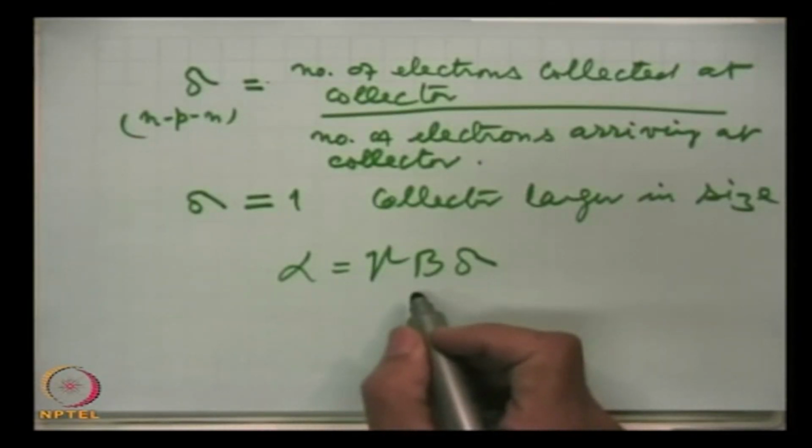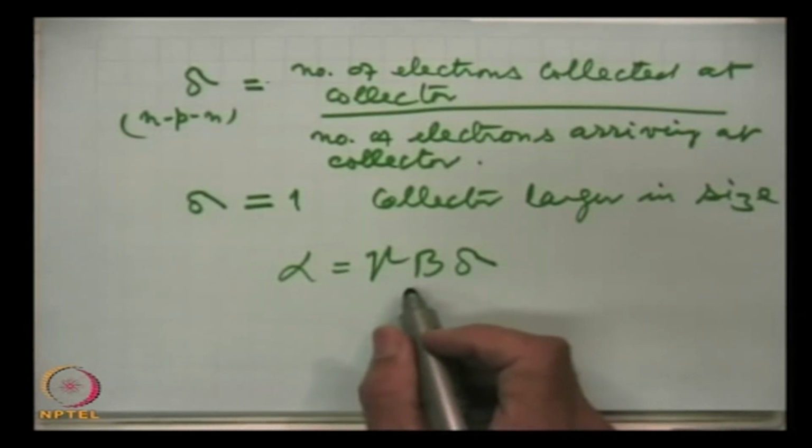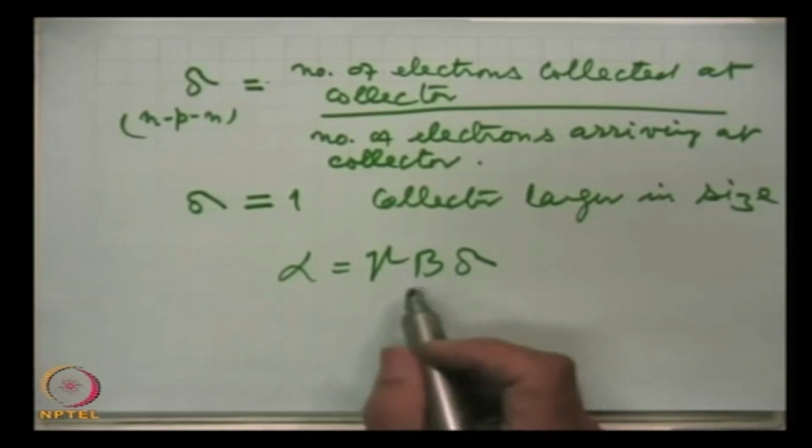This is the base transport factor, and we have seen that to make it closer to 1, it needs base width less and diffusion length of electrons large enough, and that is achieved by keeping the base lightly doped.